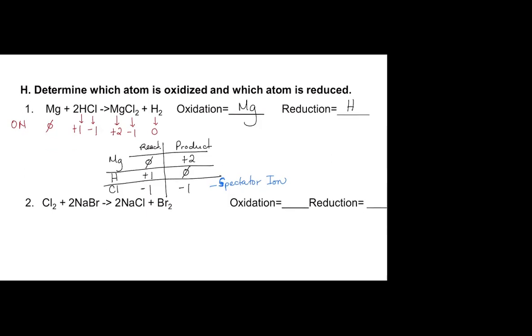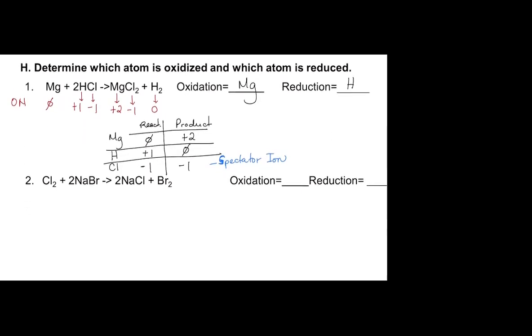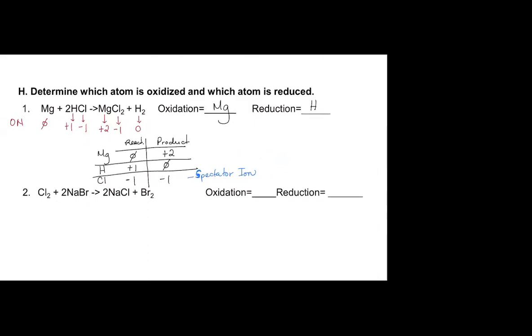Let's go through the second example. Let's write the oxidation numbers for all the components. Let's first deal with the reactants. Cl2, that is a diatomic molecule, so that is how the element exists. So this is going to have an oxidation number of 0.